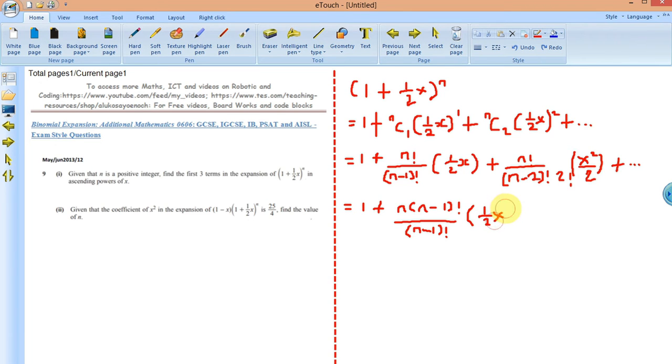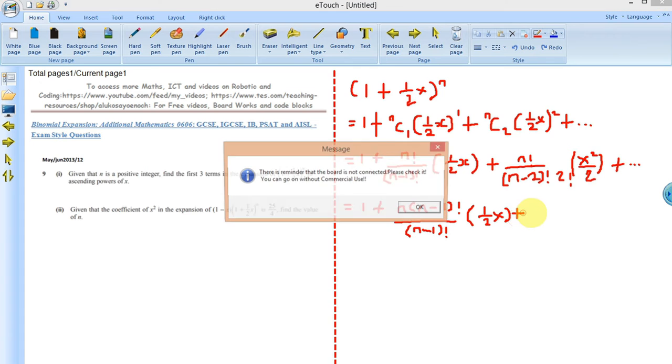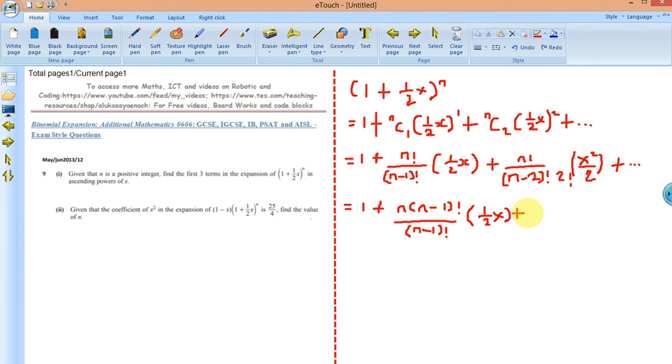And then I can also split this one into n, so this will be n into (n minus 1), then (n minus 2) factorial over (n minus 2) factorial, then 2 factorial. So I can cancel that one. So I don't need to waste much time. 2 factorial is 2, 2 times 2 is 4, so I can have times x squared over 4 there. So that is clear, right?